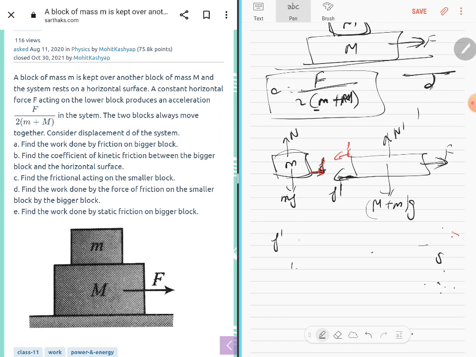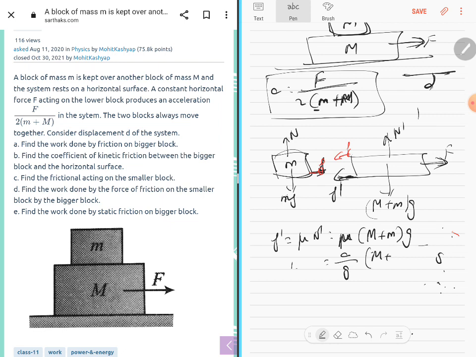On the bigger block, there is only F dash, and F dash is equal to mu into N dash, which is mu into (capital M plus small m) into g. And when it produces an acceleration, mu can be written as a by g.